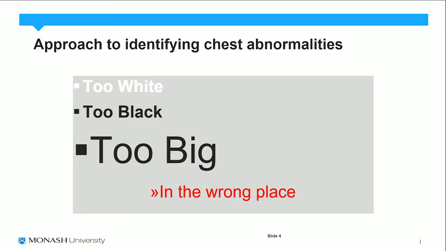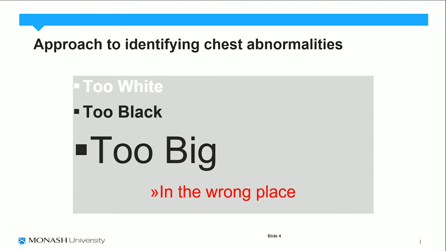So there's a very simple approach to identifying chest abnormalities. The first thing you need to think about is if something is too white. An example of that is a pleural effusion, which you will have seen before, and that is of course where the pleura has now been filled with fluid, replacing some of the lung as well.